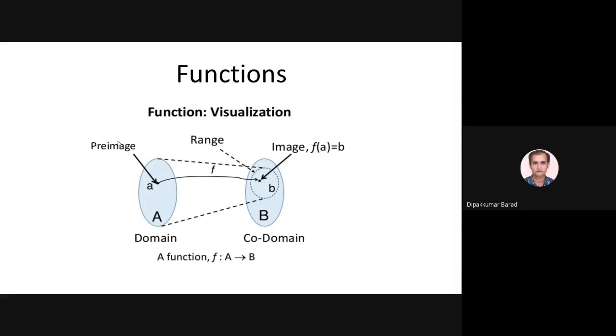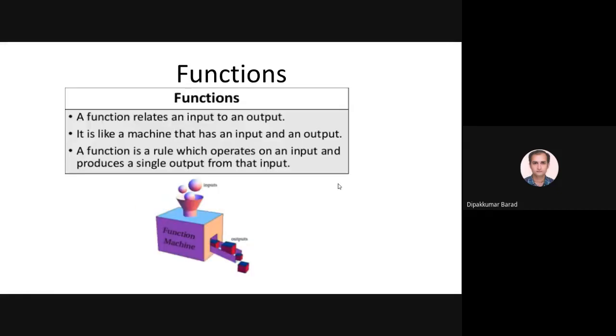One thing I would like to mention: suppose you take an element from the set, and the image you get in the codomain is called the image, and the element A is called the pre-image of B. In another way, you can look at a function as relating input to output, like a machine that has input and output.